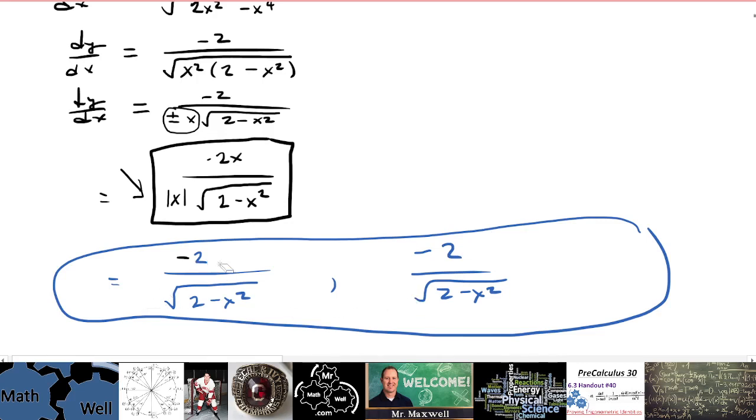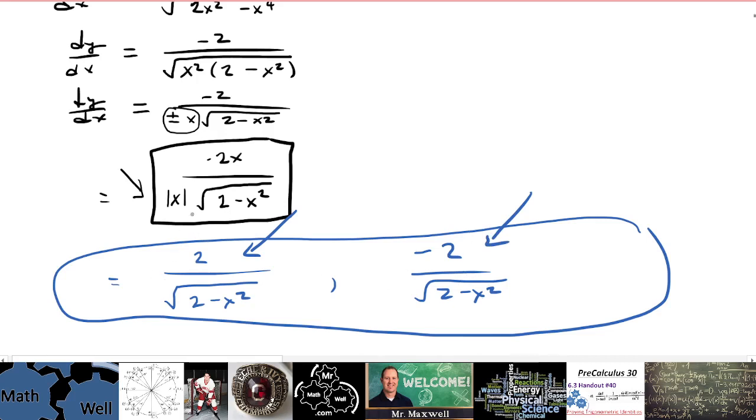Now, not only will you have to simplify sometimes, for sure, but you're also going to have to examine what's the domain for this kind of thing. Like where does this show up and where does this show up? When is it like this and when is it like this?